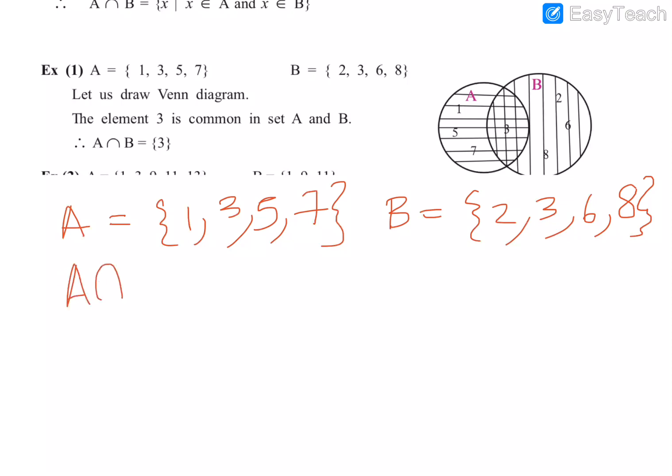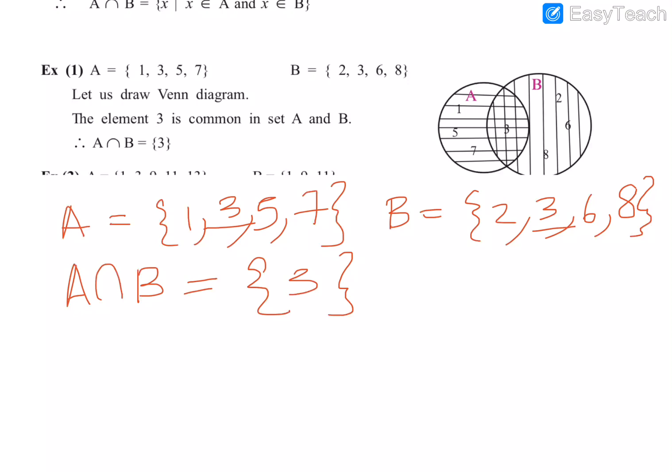A intersection B means elements common in both A and B. So just check it. 1 is not here. 3 is common in A, 3 is also in B. So 3 will be in A intersection B. 5 is not here, 7 is also not here, so the rest of the elements will not be here. So A intersection B will be the set {3}. It will have only one element, that is 3.